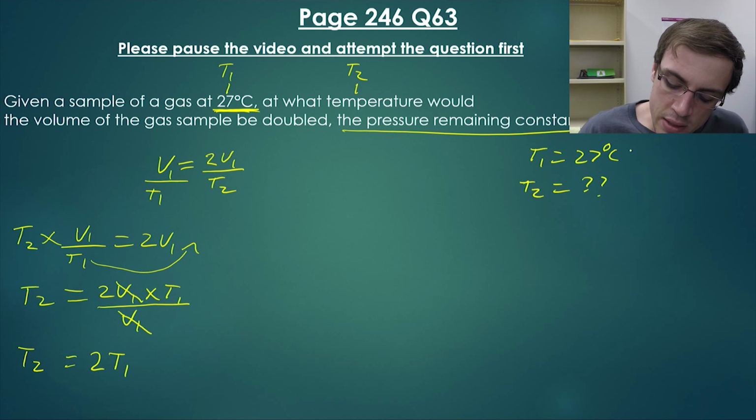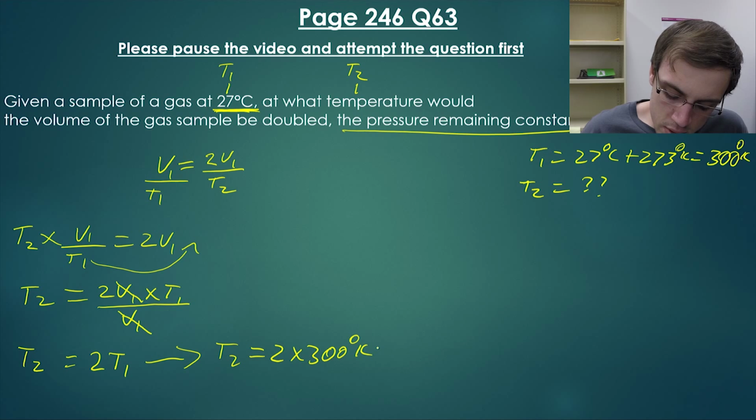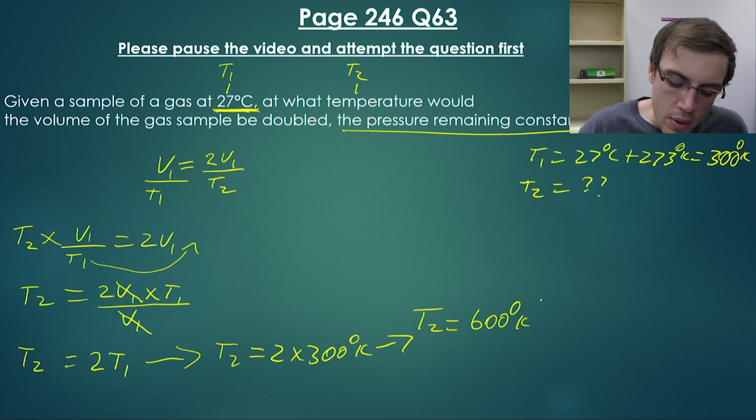So 27 plus 273 equals 300 degrees Kelvin. So T2 is equal to 2 times 300 Kelvin, which means that the final temperature is equal to 600 degrees Kelvin.